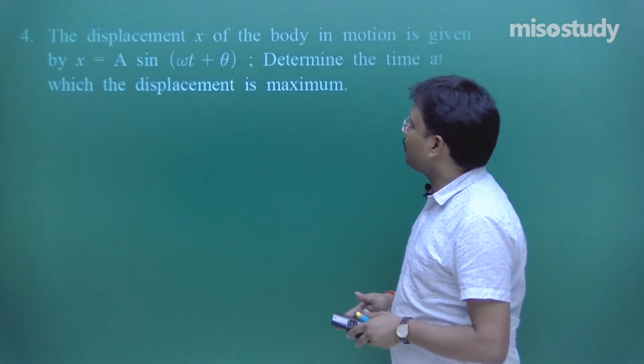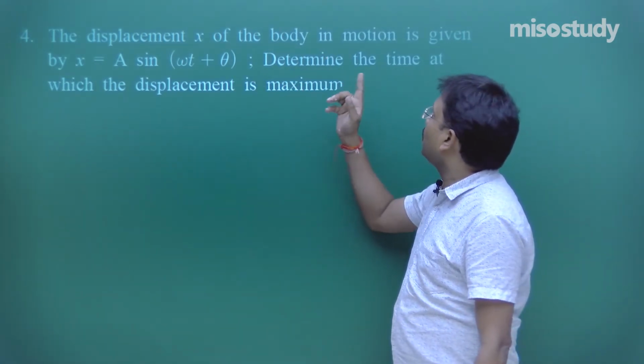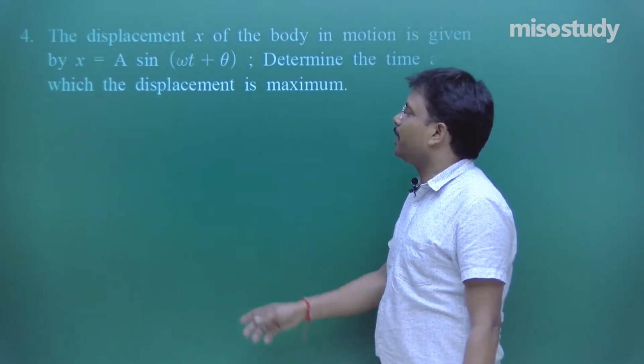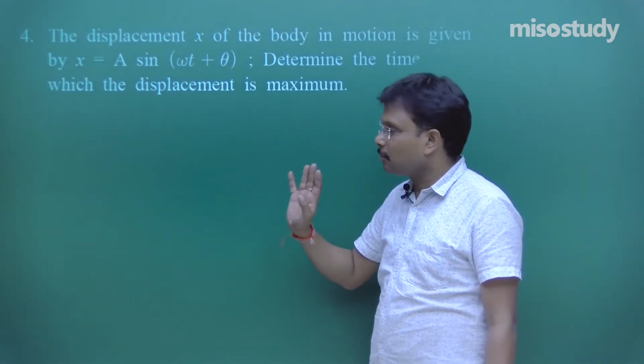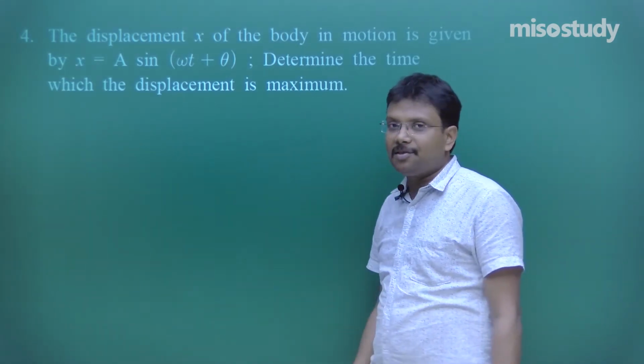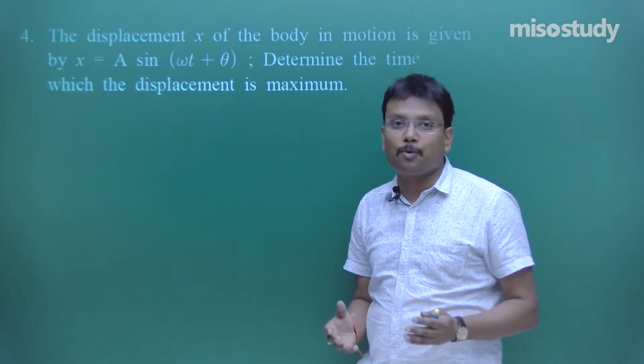Now here comes question number 4. The displacement x of a body in motion is given by x = a sin(omega t + theta). Determine the time at which the displacement is maximum. Now sometimes you will get trap questions.